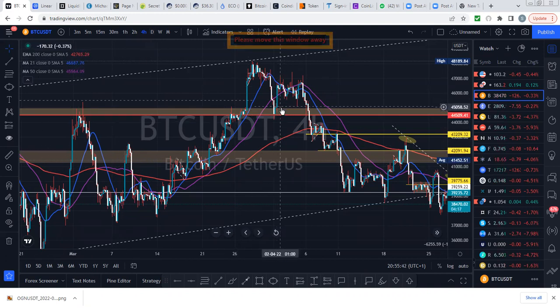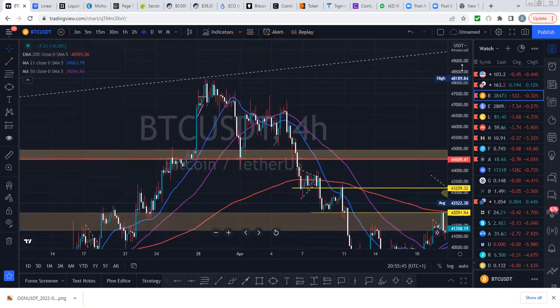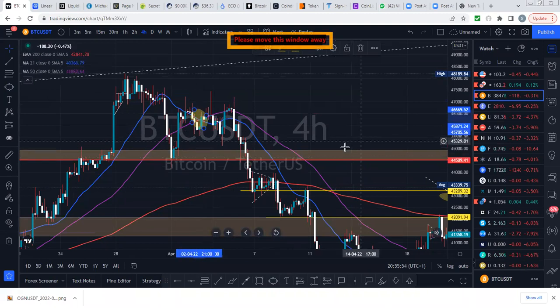Just like what we have here. If you look at this place, you can see a moving average crossover here. This is a dead cross.